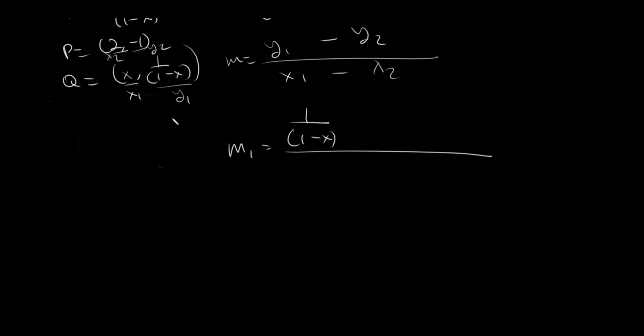To make it more clear, remember Q is a point on the curve. So I'm just going to plug in 1 over (1 minus 1.5) and 1.5 minus 2, and if you do your calculation, we're going to get 2.